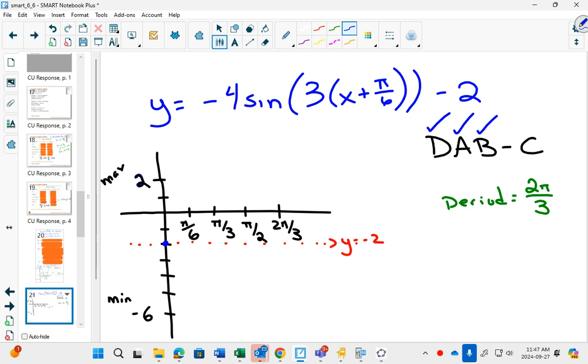So if I'm starting middle going down, I'll go middle, minimum, middle, maximum, middle. And that's what we do for the dash.